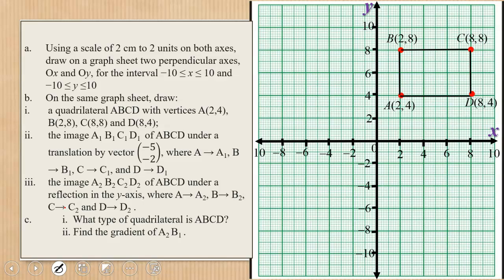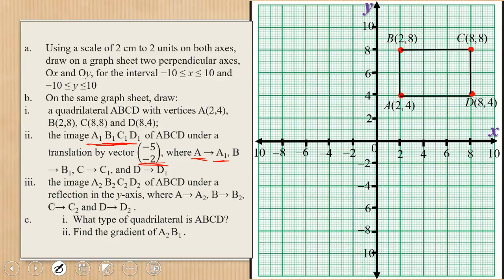My next task is to draw the image A1, B1, C1, and D1 using the translation vector -5, -2. What it means is that I'm going to connect A to A1, B to B1, C to C1, and D to D1.